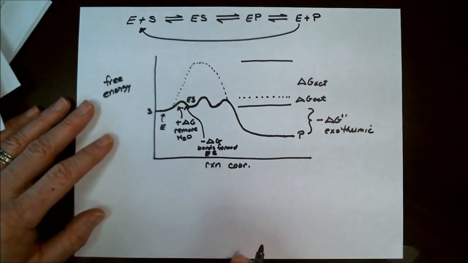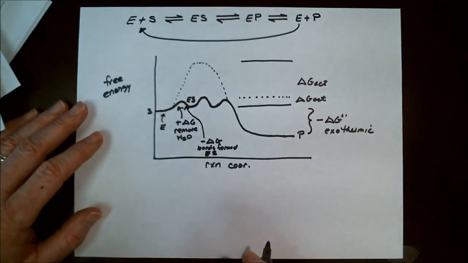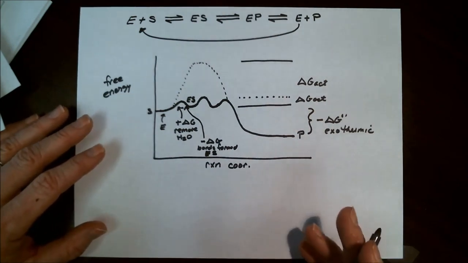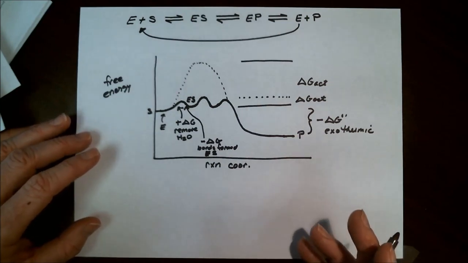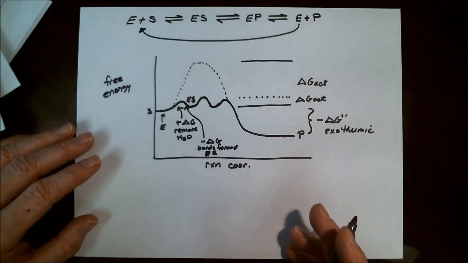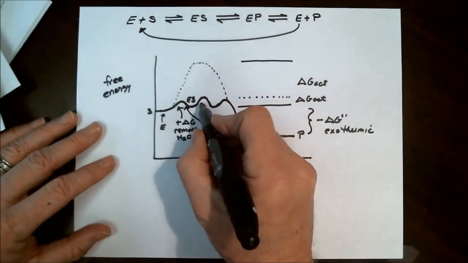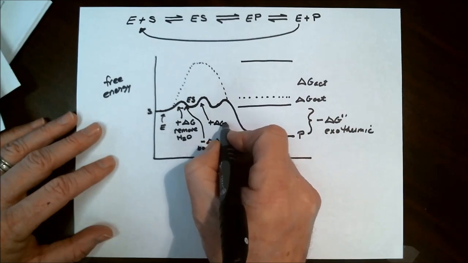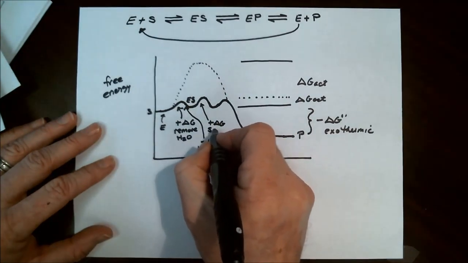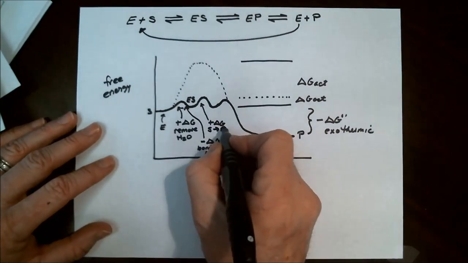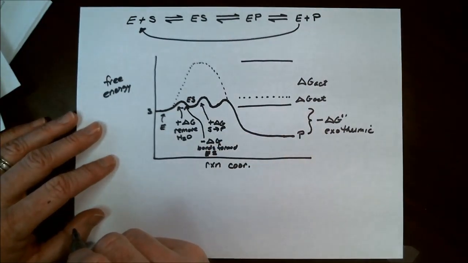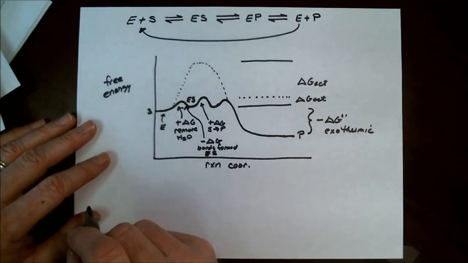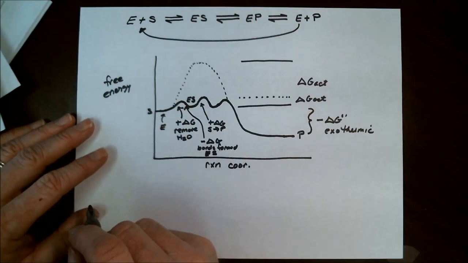Now the next step is the rate-limiting step, and that's the conversion of substrate to product. This is usually a chemical event, such as breaking a covalent bond in the substrate to release products, and that is going to take energy. So this will be a positive delta G, and this is the substrate to product conversion. That's an input of energy. That input of energy could come from, say, energy derived from torsion inside the enzyme.